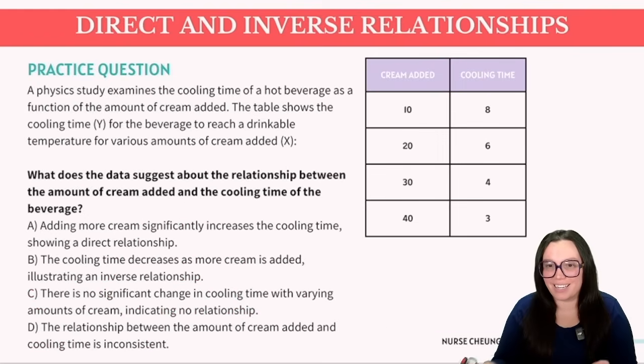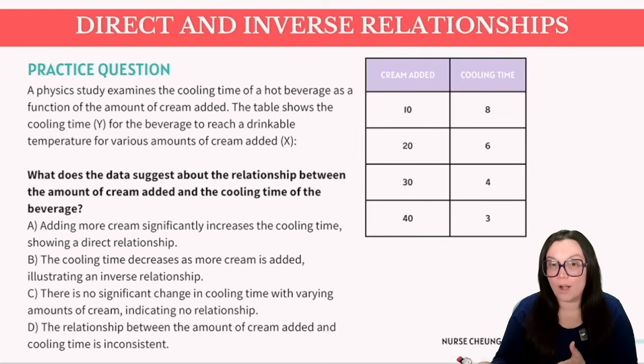A physics study examines the cooling time of a hot beverage as a function of the amount of cream that was added. The table shows the cooling time, y, for the beverage to reach a drinkable temperature for various amounts of cream added, x. What does the data suggest about the relationship between the amount of cream added and the cooling time of the beverage?